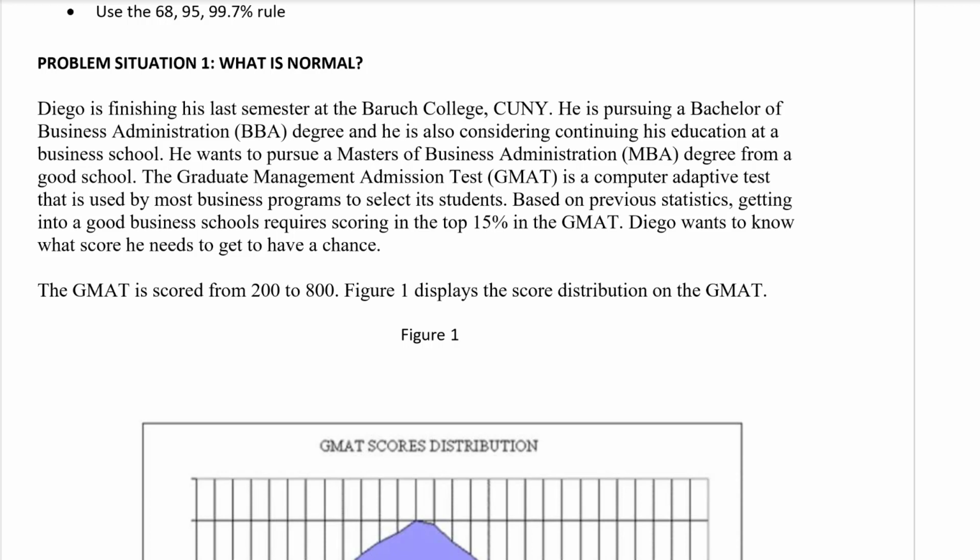The Graduate Management Admission Test, GMAT, is a computer adaptive test that is used by most business programs to select its students. Based on previous statistics, getting into a good business school required scoring in the top 15% on that exam. Diego wants to know what score he needs to get to have a chance.